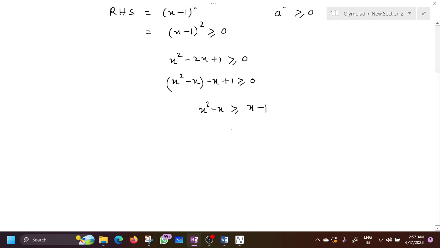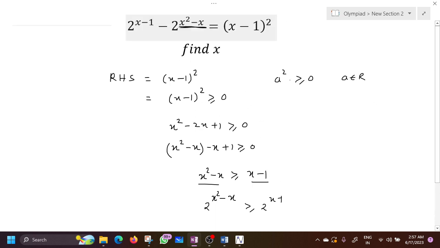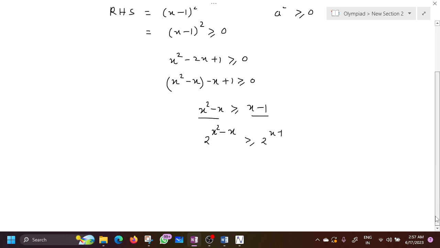If we raise 2 to the power of these two things, we get 2 to the power x square minus x will be greater than or equal to 2 to the power x minus 1. And what do we have here on the left hand side? We have 2 to the power x minus 1 minus this quantity 2 to the power x square minus x.